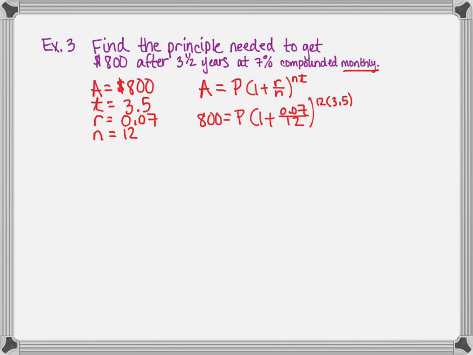So substituting in 800 for A, we don't know P, R is 0.07, N again is 12, and T is 3.5.